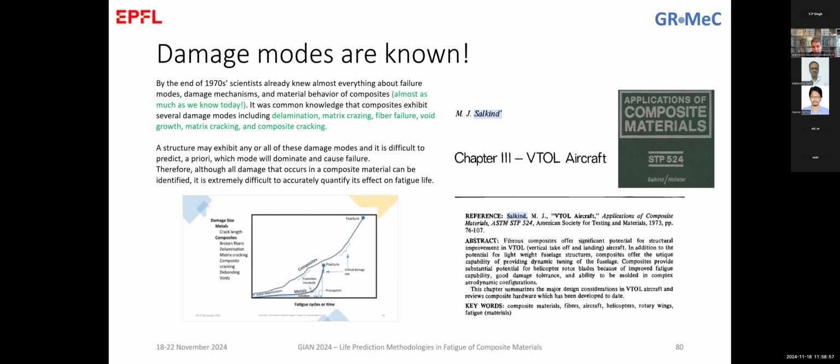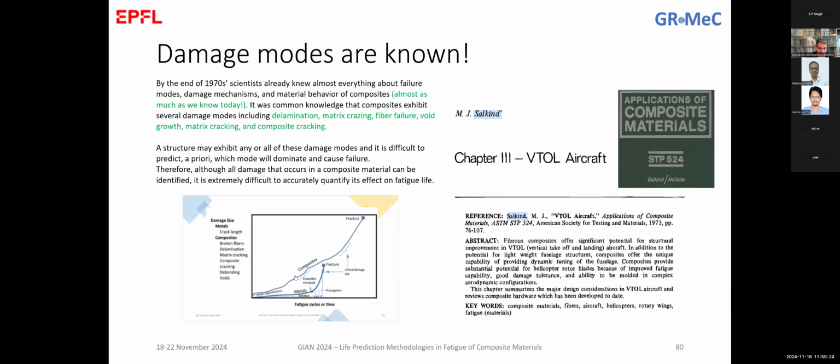This damage is growing and is translated, if you like, to the lamination, so separation between the layers. And then finally, for materials that are fiber dominated, so materials having fibers along the loading direction, we can also see at the end a fiber failure.